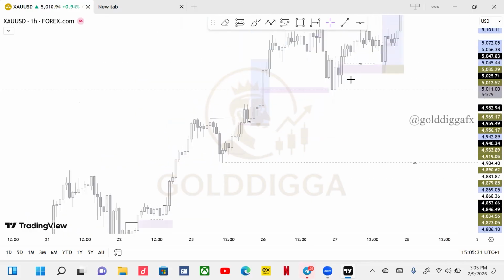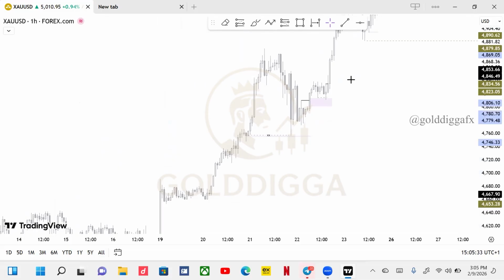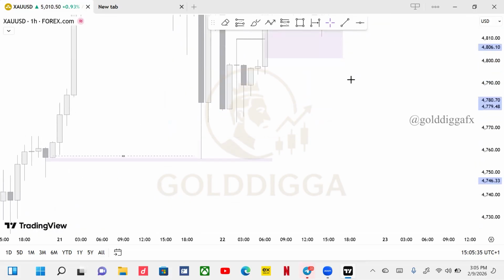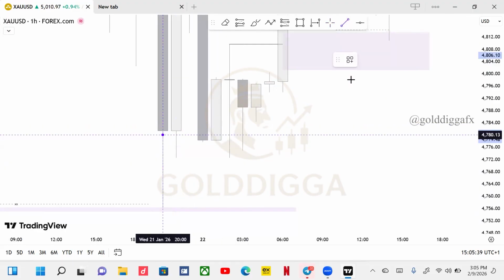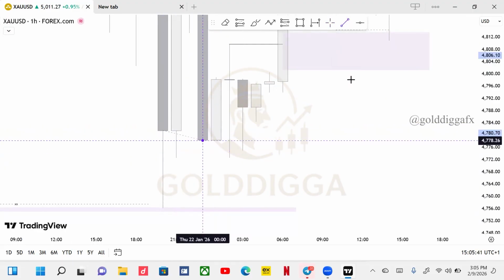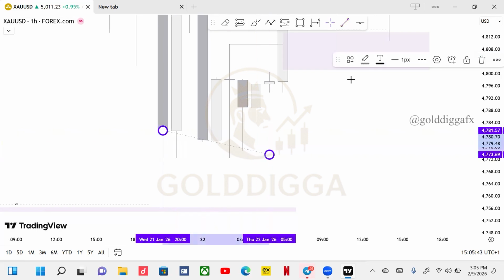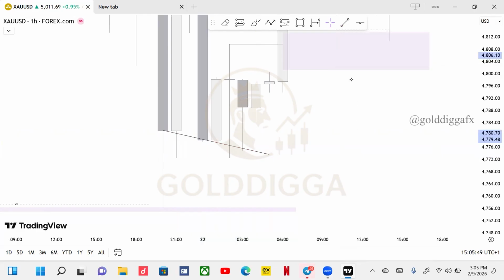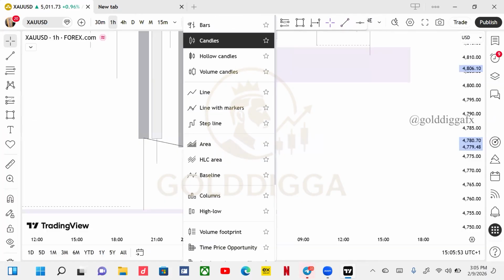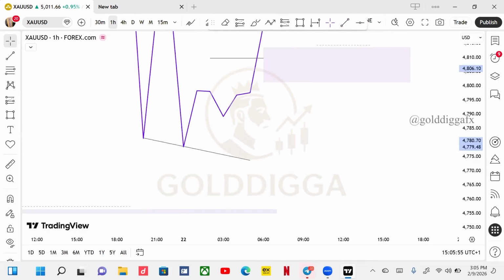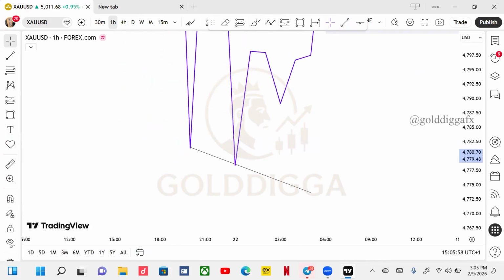And then this one. You're looking for a good reversal trend line. Okay, so this is a good reversal trend line example here. So you can see here, first point, second point, entry. So let's look at the line chart. On the line chart, you could see what price was doing here.